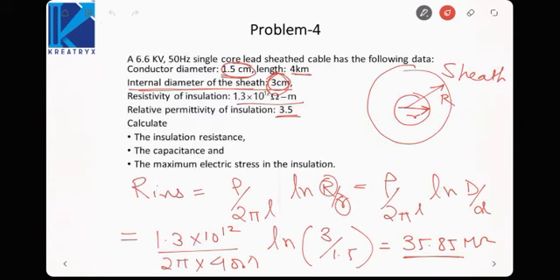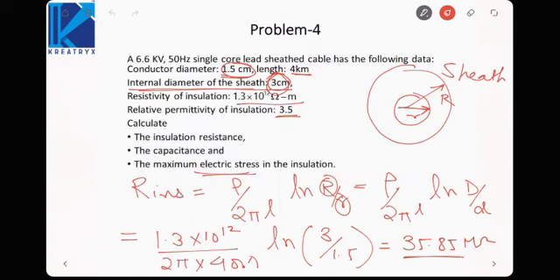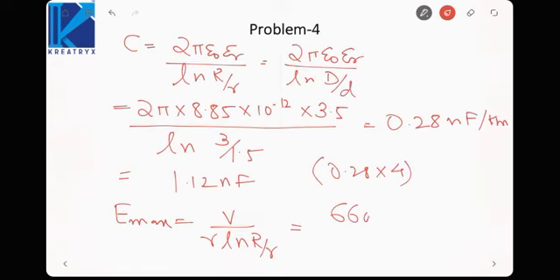Next, it is asking maximum electrical stress. As I told you, the maximum electrical stress occurs at the surface of the conductor. So maximum electrical stress, E max, is actually V by r ln R by r, where V is the per phase voltage. So per phase voltage will be 6600 by root 3 divided by inner radius, which is 1.5 by 2, then ln 3 by 1.5.